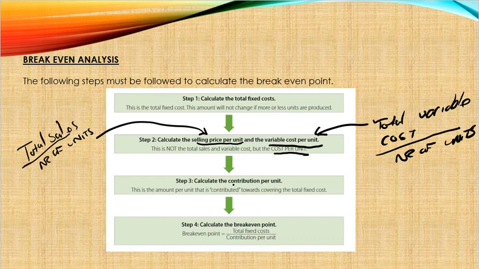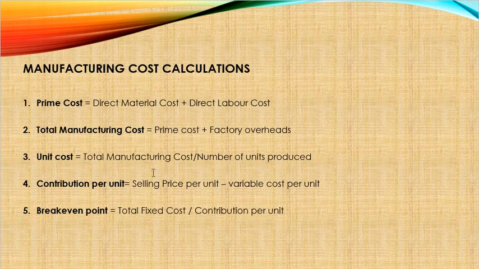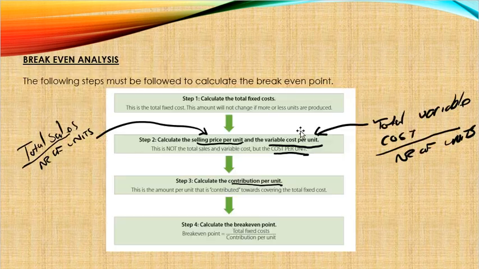Because the next step, we calculate contribution per unit. And remember, the formula for that is selling price per unit minus variable cost per unit. That's why we work out these two figures, so we can work out the contribution.